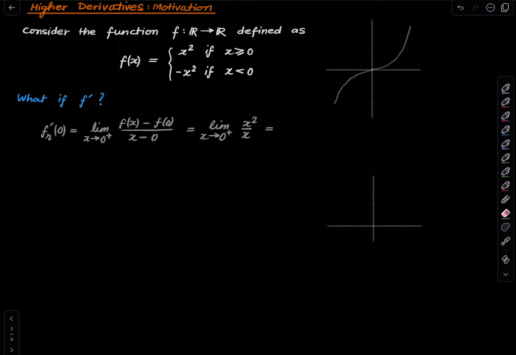Let me not belabor the point. It is 0 because this cancels out, and that limit is 0. Similarly, the left limit will also be 0. So we see that the derivative at 0 exists and is equal to 0.